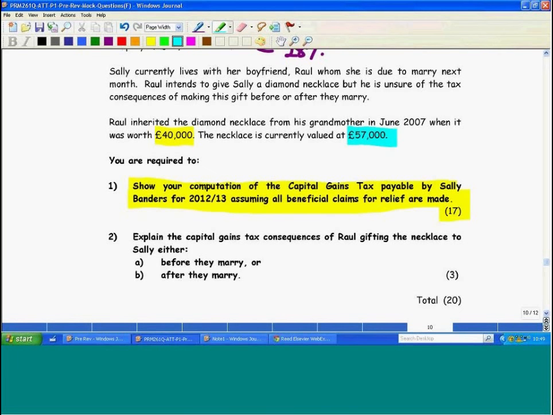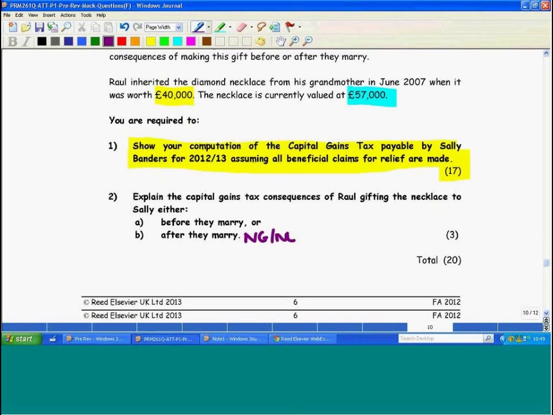Now what this wanted you to recognise is once you're married, of course, you are spouses, and it would be a no gain, no loss, and your original cost for that person, so the original 40,000 would have then been transferred through, so that Sally would get the actual necklace at no gain, no loss, and then the cost going forward for Sally would have been 40,000.